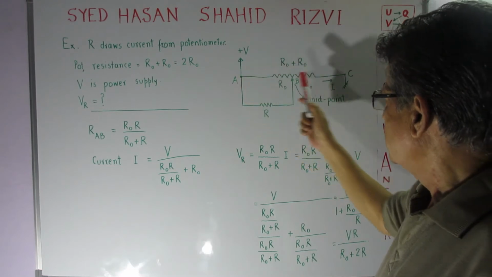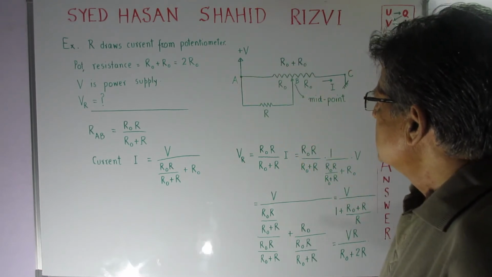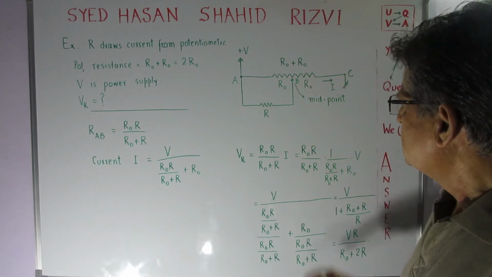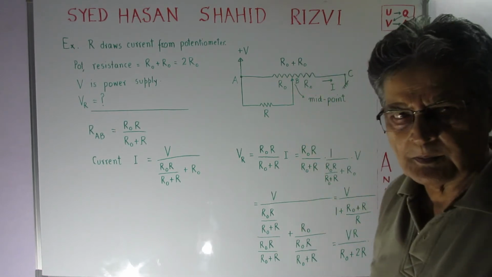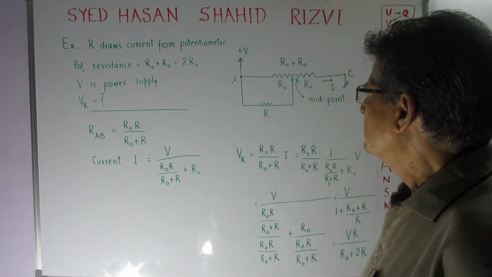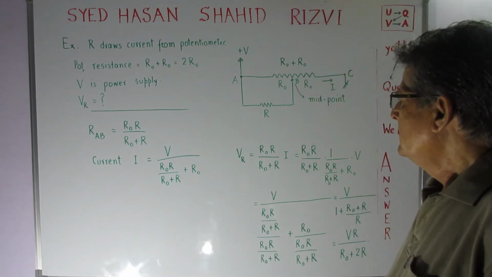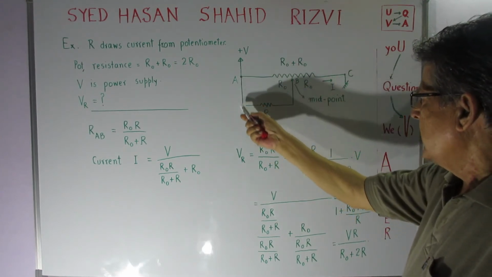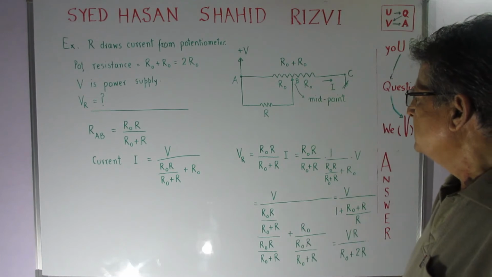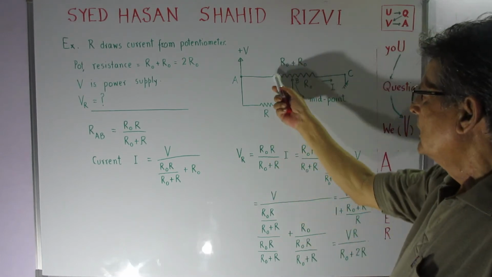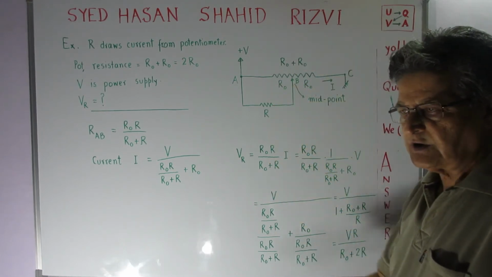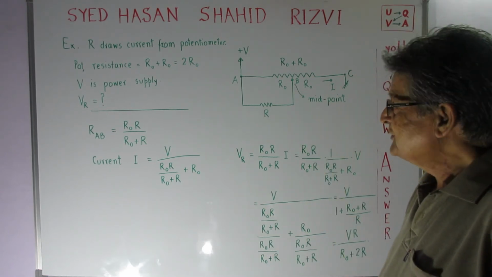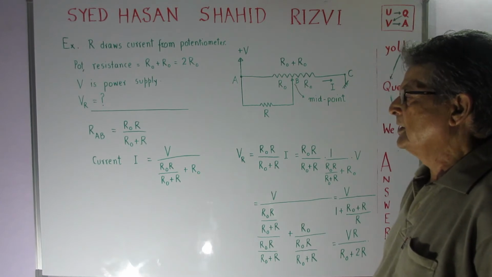The wire is between A and C. Okay, and the resistance of the potentiometer is equal to R naught plus R naught, that is 2R naught. And we connect another resistance capital R from A to the point B, which is midway between, if it is 10 meters, then it's 5 meters, etc. Doesn't matter.